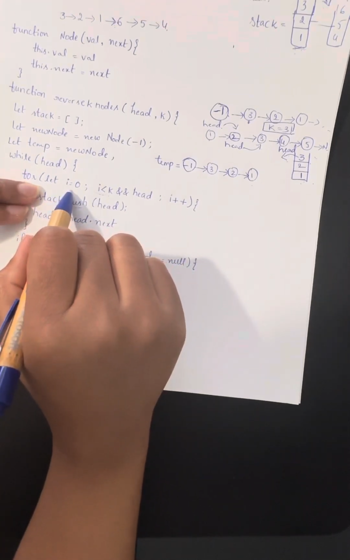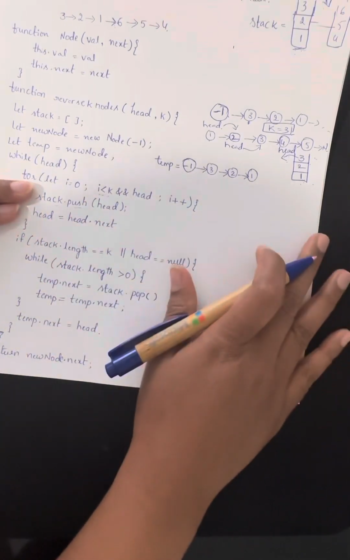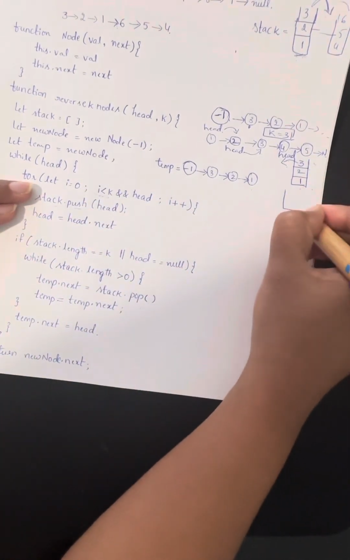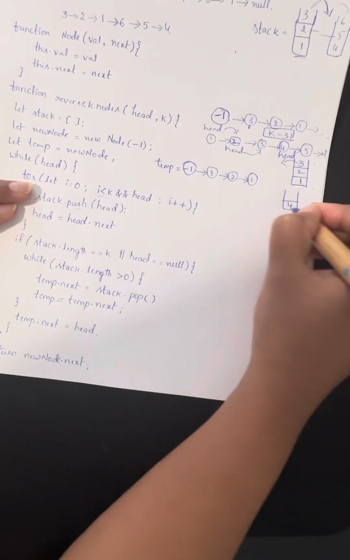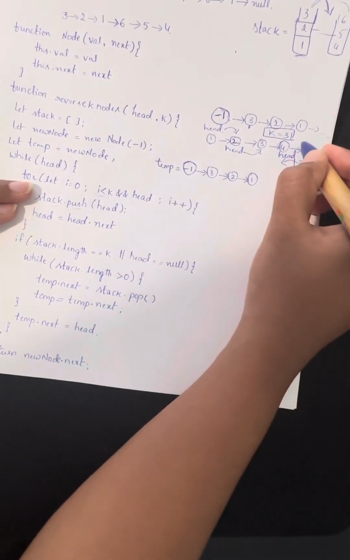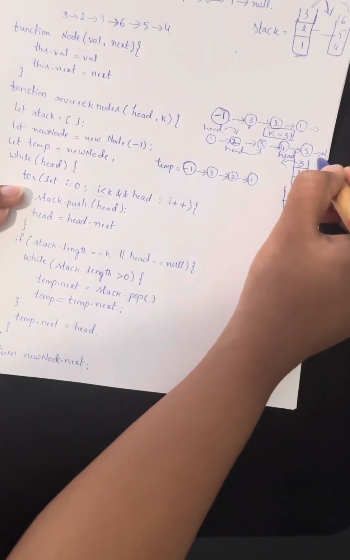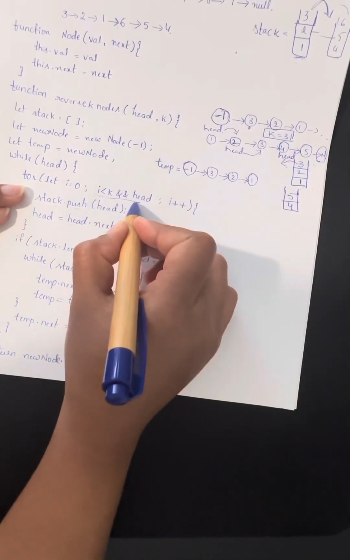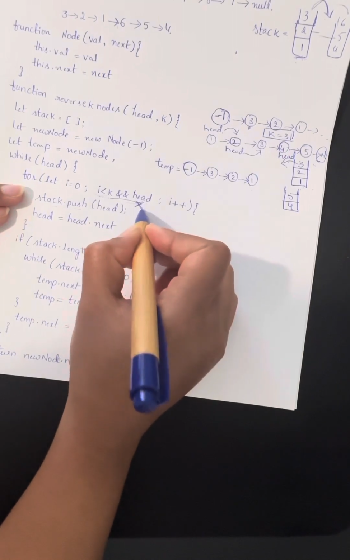And this for loop starts again, and we will get 4 and 5 in the stack. Now the head becomes null, so this condition doesn't become true.